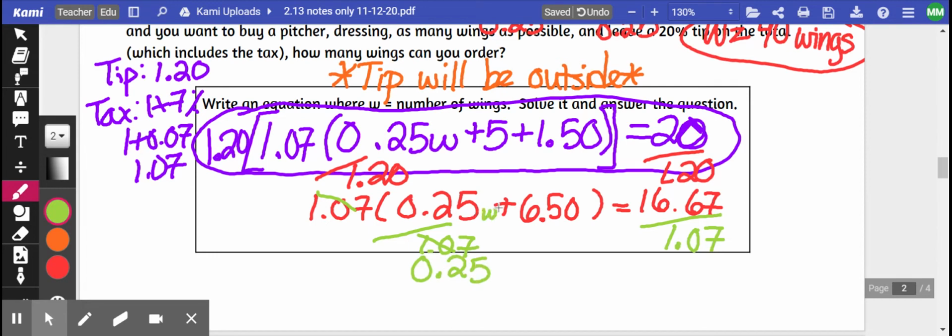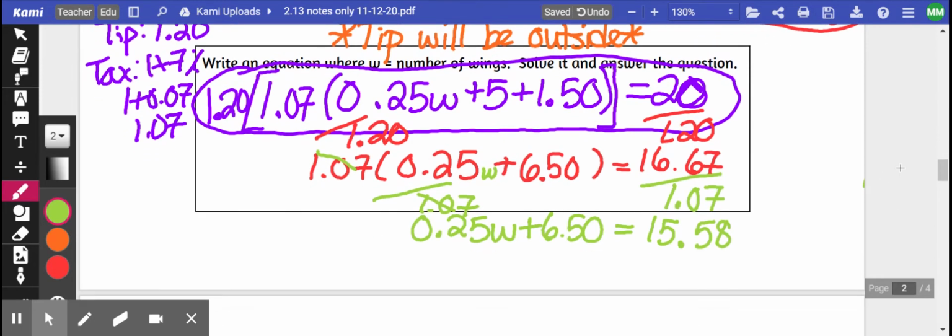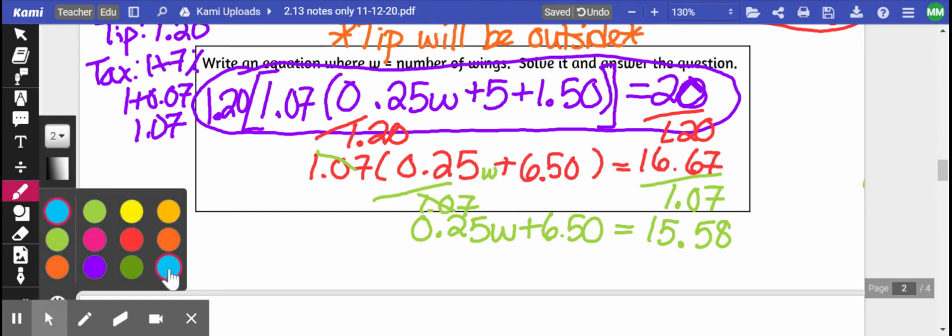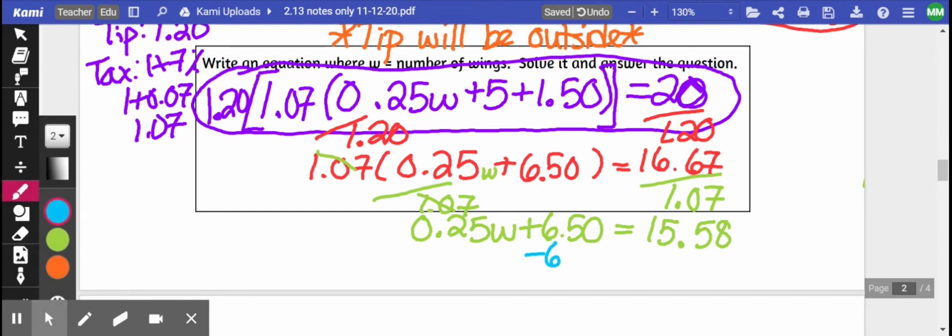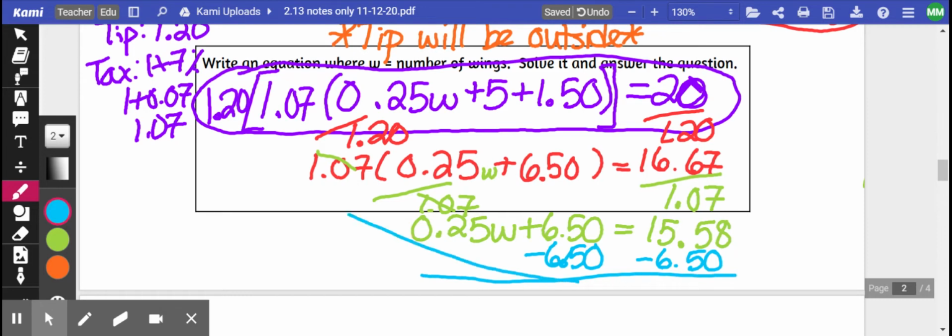Oops, I forgot to include that W in that last one. And now the right side is equal to $15.58. Okay, the only things left to do would be to subtract 6.50 from both sides. I'm going to continue over here because we're running out of room.